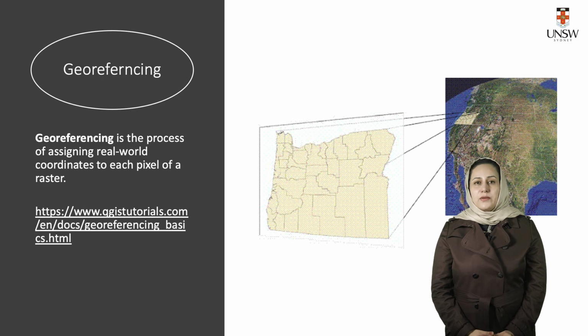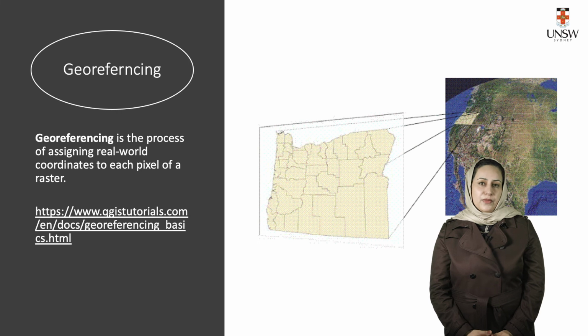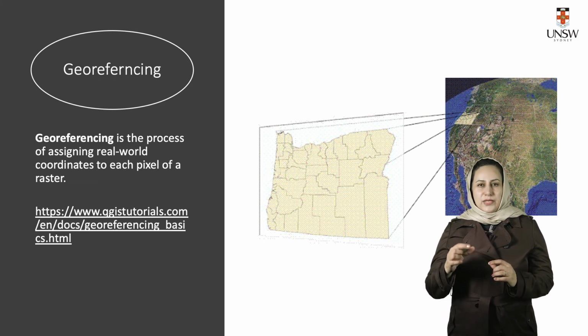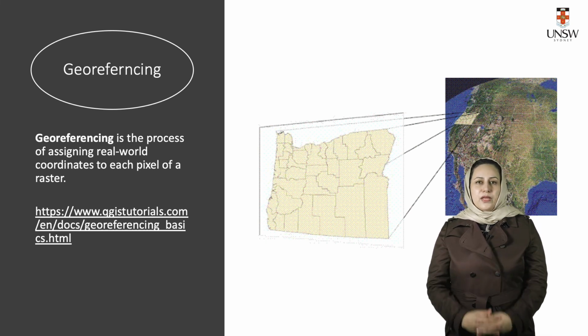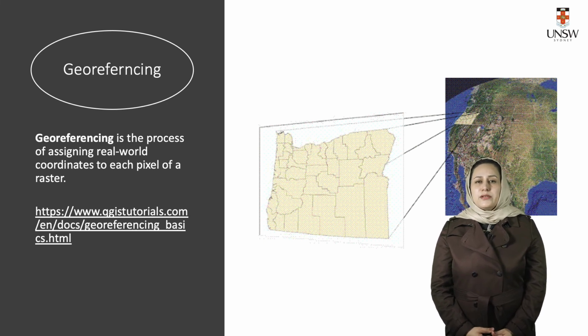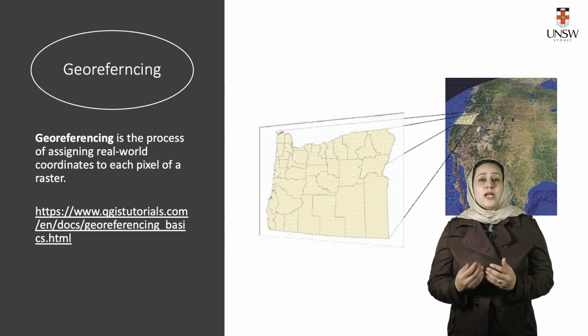Now let's talk about another important concept in GIS, which is georeferencing. A raster is a kind of photo that consists of pixels, and for each pixel we have a value. If we want to use these rasters for mapping, sometimes they are not in the right location on the real world coordinates. Therefore, we need to georeference them.